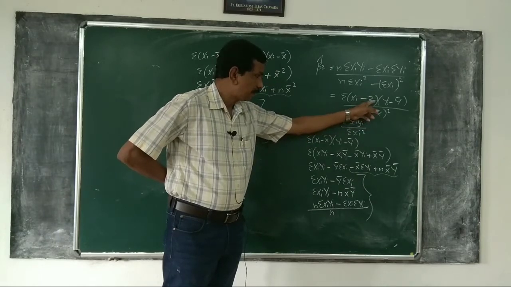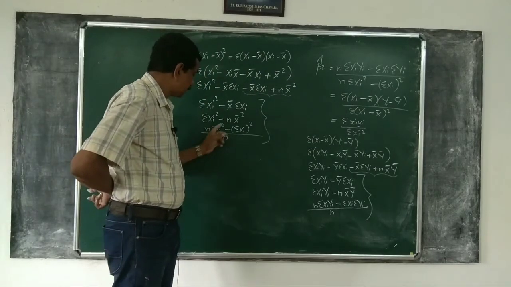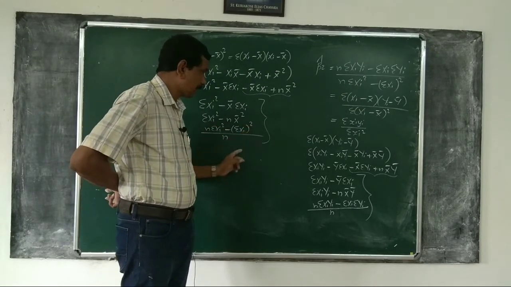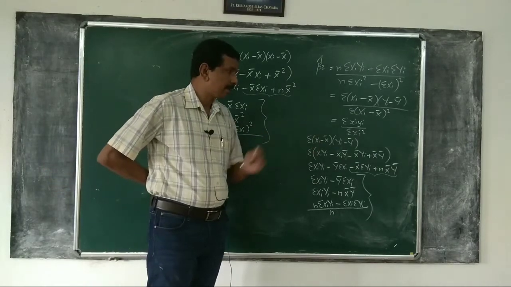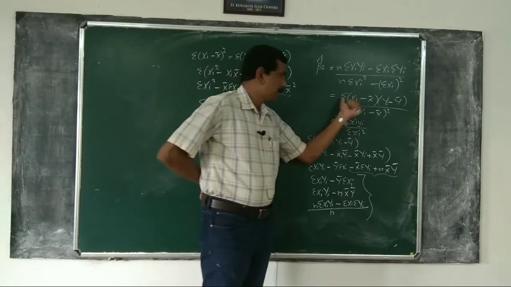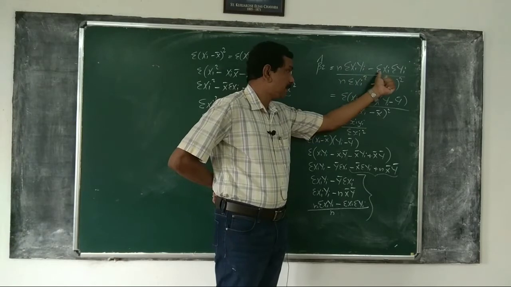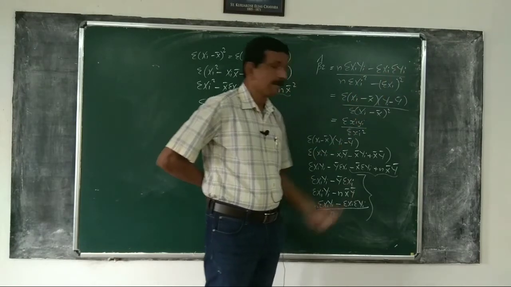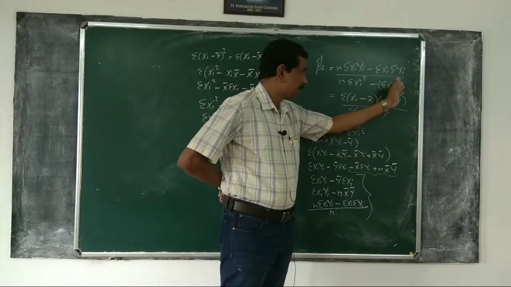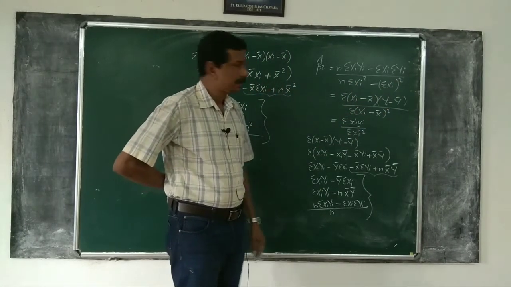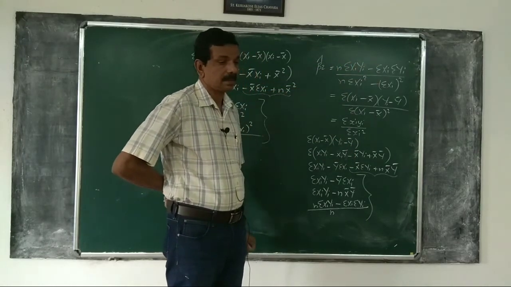You divide this with the denominator n into sigma xi square minus sigma xi the whole square by n, and n will be cancelled from the numerator and also the denominator, and you will get n into sigma xi yi minus sigma xi into sigma yi divided by n into sigma xi square minus sigma xi the whole square. So this is beta 2 hat in terms of original observations on x and y.